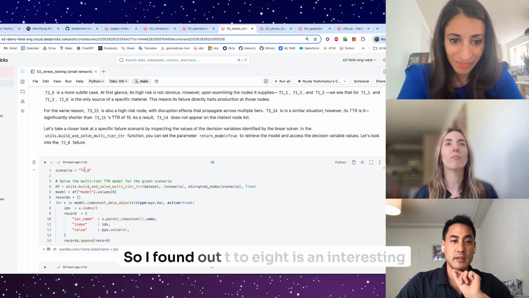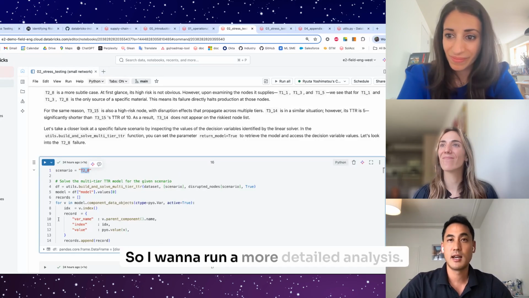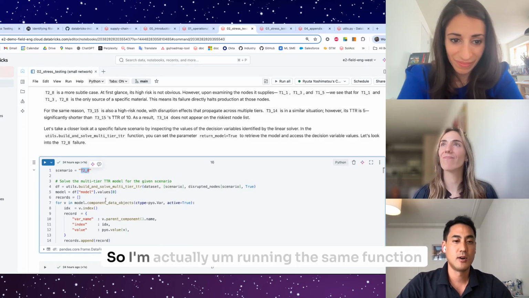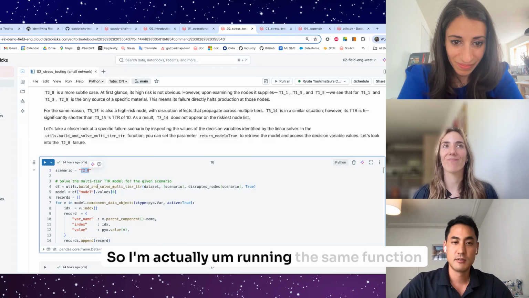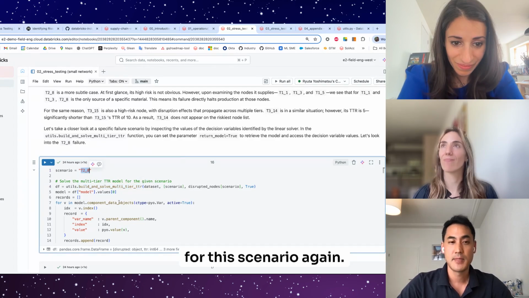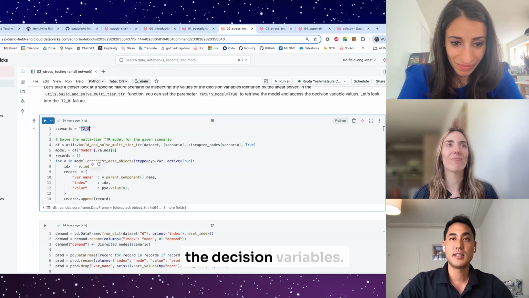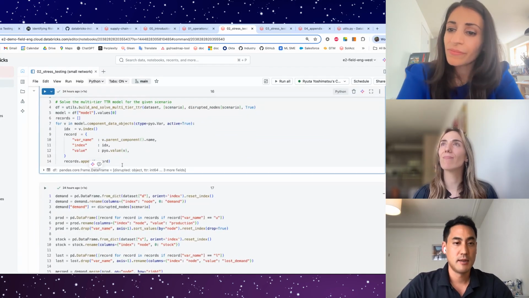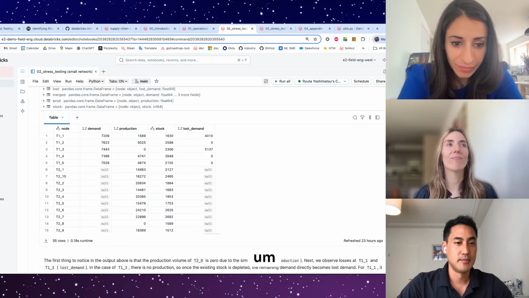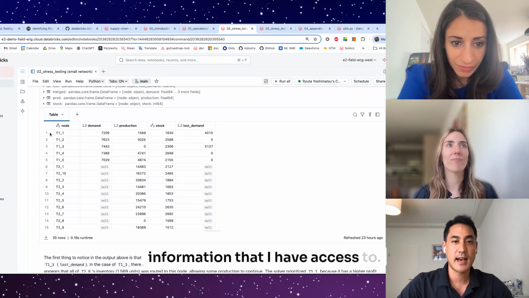So I found out T28 is an interesting case when it fails. So I want to run a more detailed analysis. I'm actually running the same function for this scenario again. And now I get to access all the decision variables, meaning that after the optimization, this is the information that I have access to.